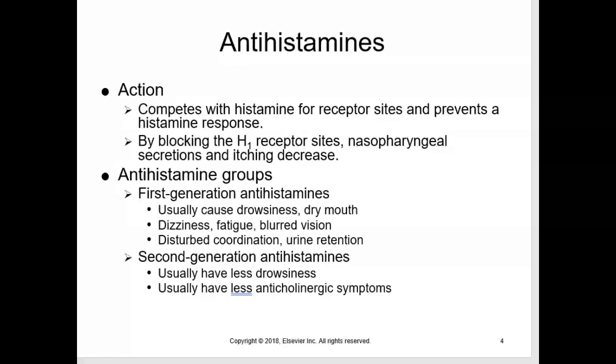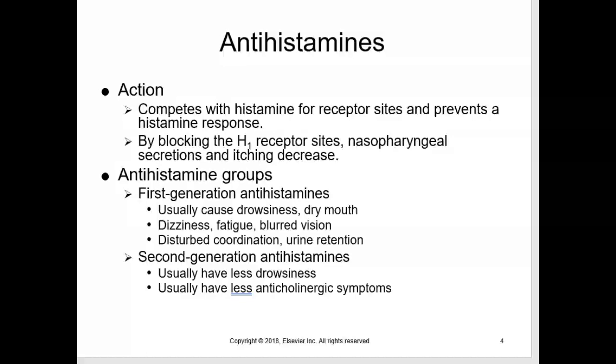This is actually used as the medication in a lot of those Tylenol PM type medications that have something in them to help the patient sleep. So first generation: drowsiness, anticholinergic side effects. And the second generation don't have as many of those undesirable side effects.